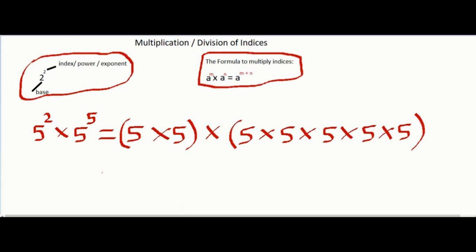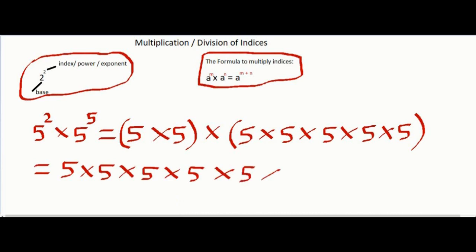And this equals 5 times 5 times 5 times 5, so we should have seven 5s. We're going to count all the 5s that we have here: 1, 2, 3, 4, 5, 6, 7.